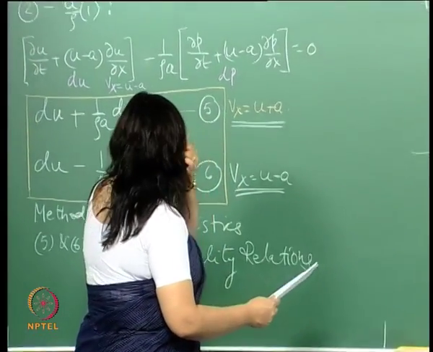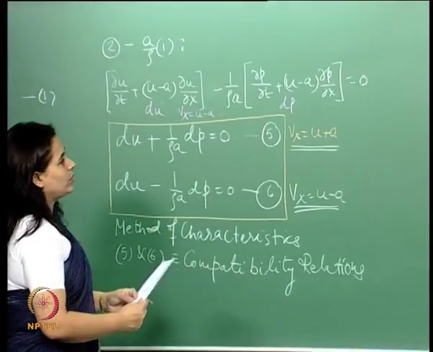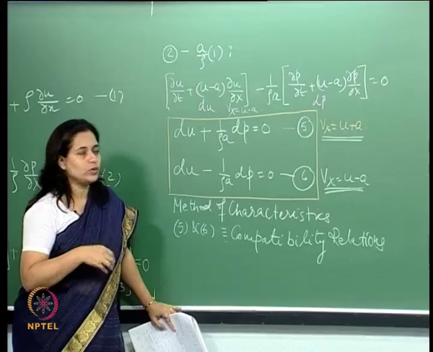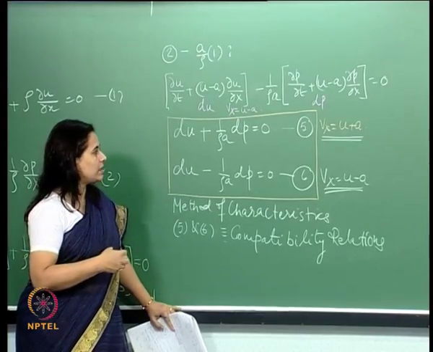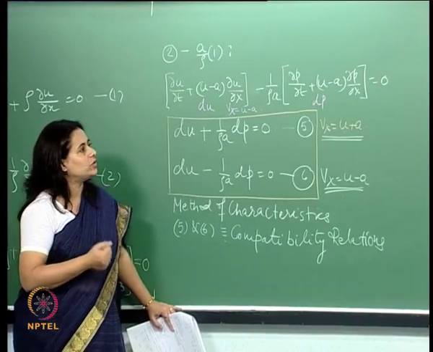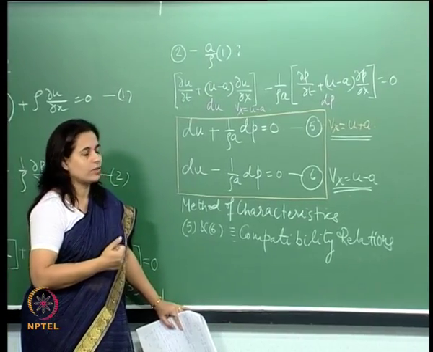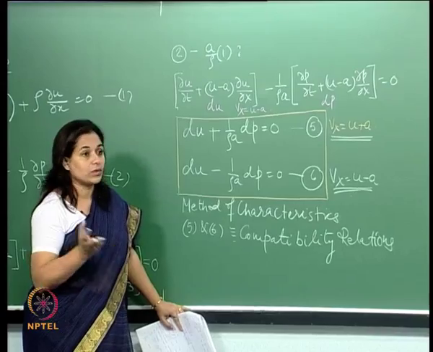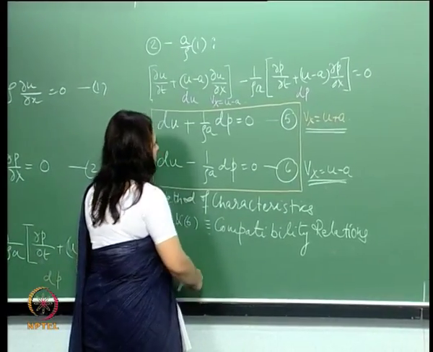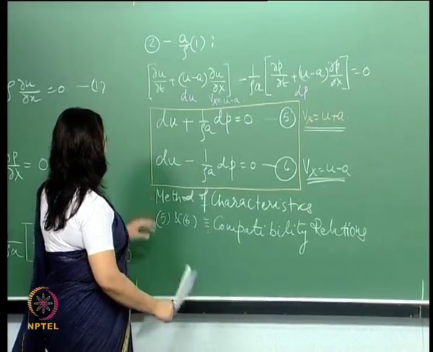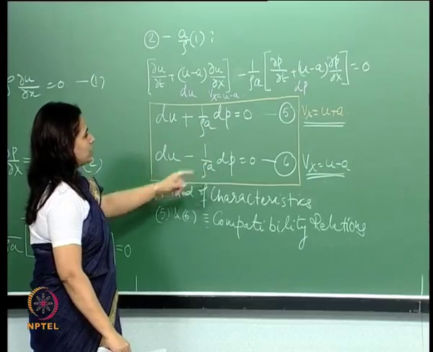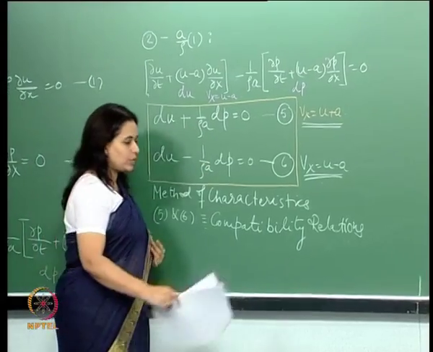Now that we've got an idea as to what that is, let us do some math and see how we are going to use these characteristics to solve some practical problems, namely the shock tube expansion wave. What we're going to do here is integrate equations 5 and 6, and let's see what we get.